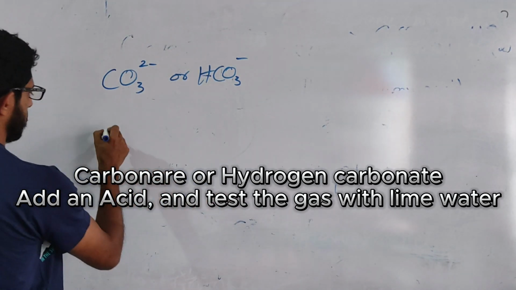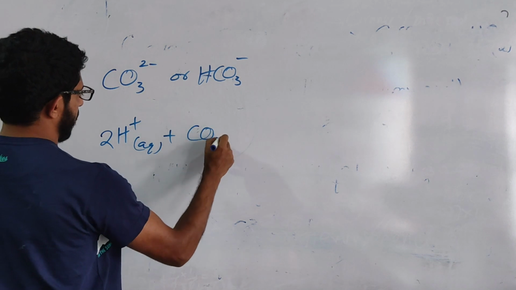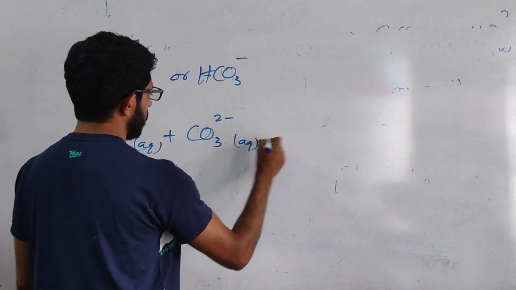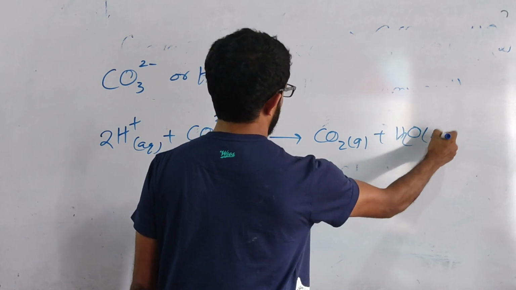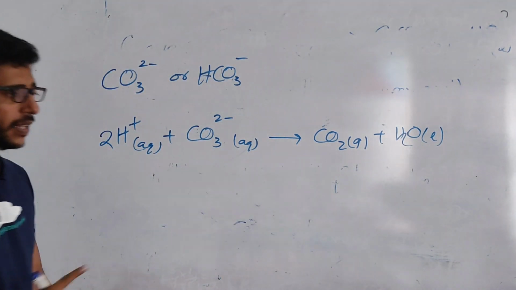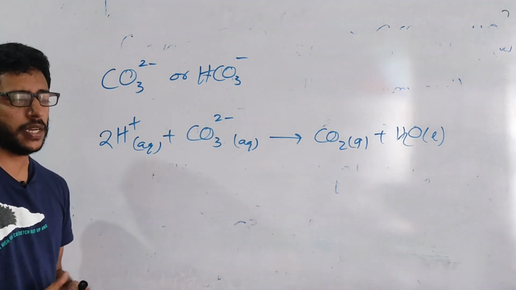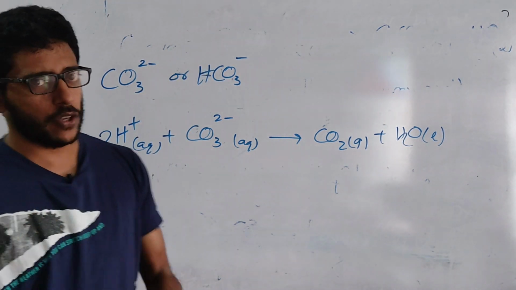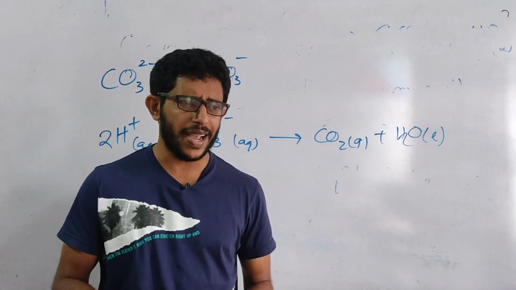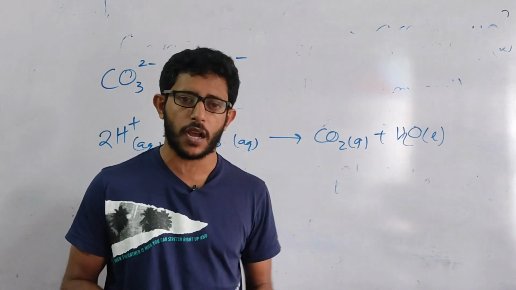This is the ionic equation, a very common one they ask: carbonate reacts with acid to produce carbon dioxide gas and H2O liquid. I have taught you how to write the ionic equation in Unit 1. Carbonate and hydrogen carbonate both give the same observation. For you guys, I don't think they would ask how to distinguish carbonate and hydrogen carbonate.